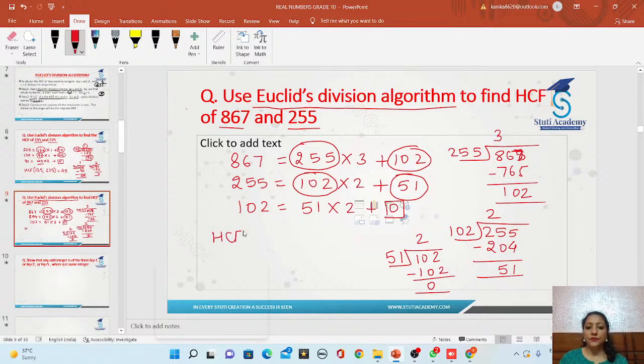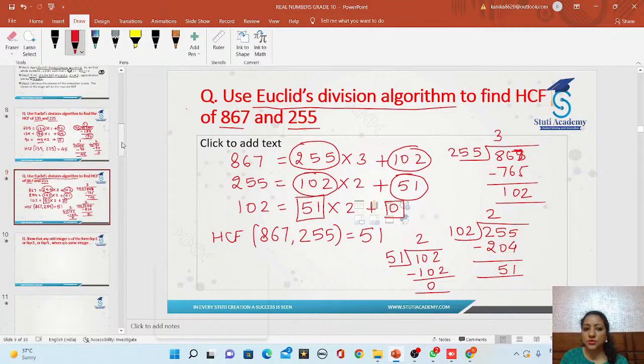So the HCF of the given numbers, 867 and 255, is the divisor at the last step. That's 51 in this case. So the HCF for this is 51. Have you all understood, children?